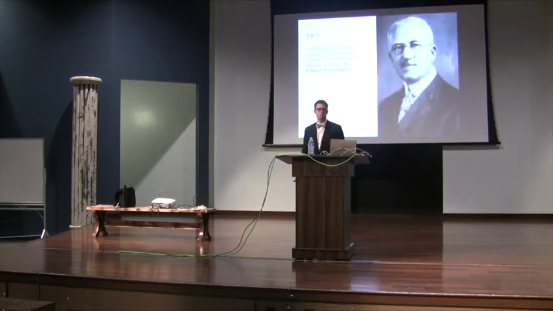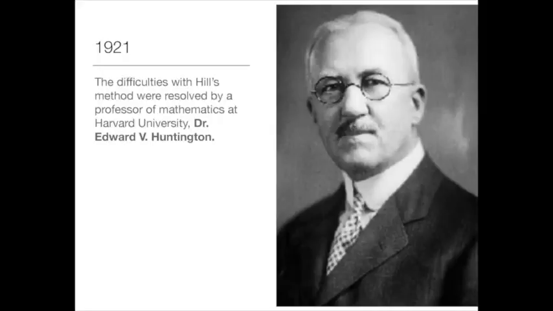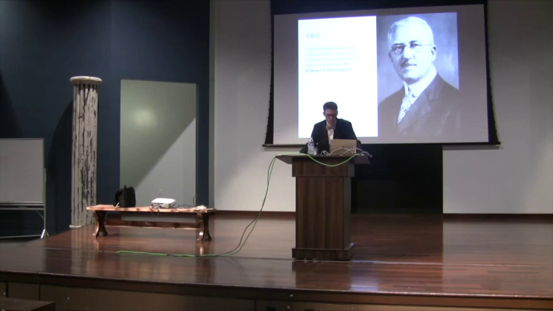The difficulties with Hill's method ended up being resolved by a Harvard University mathematician named Edward Huntington. So Huntington christens this technique as the method of equal proportions. And interestingly enough, of course, views the method as his own invention. It is not entirely true. And history agrees, because we now refer to this as the Huntington-Hill method. He certainly should be given credit for resolving the problems in Hill's method, but he certainly didn't invent it.